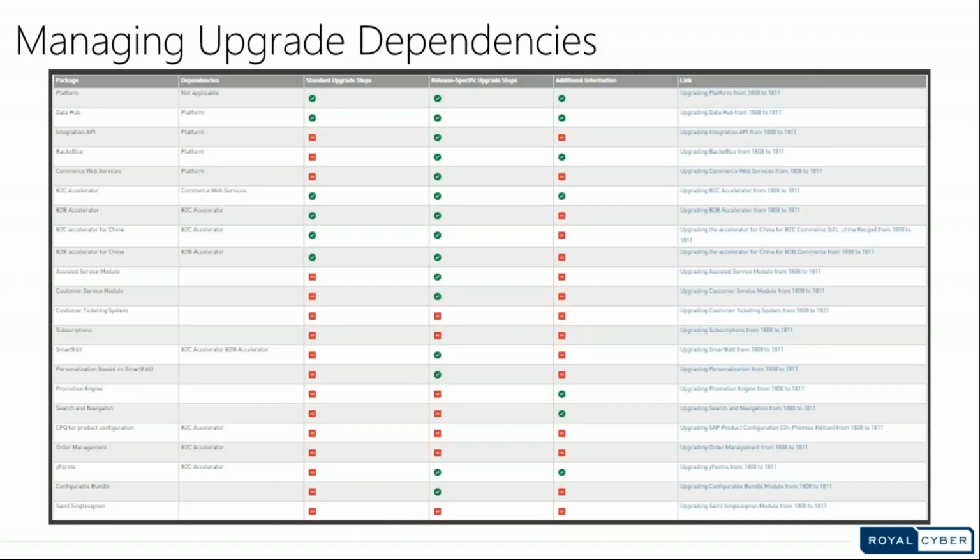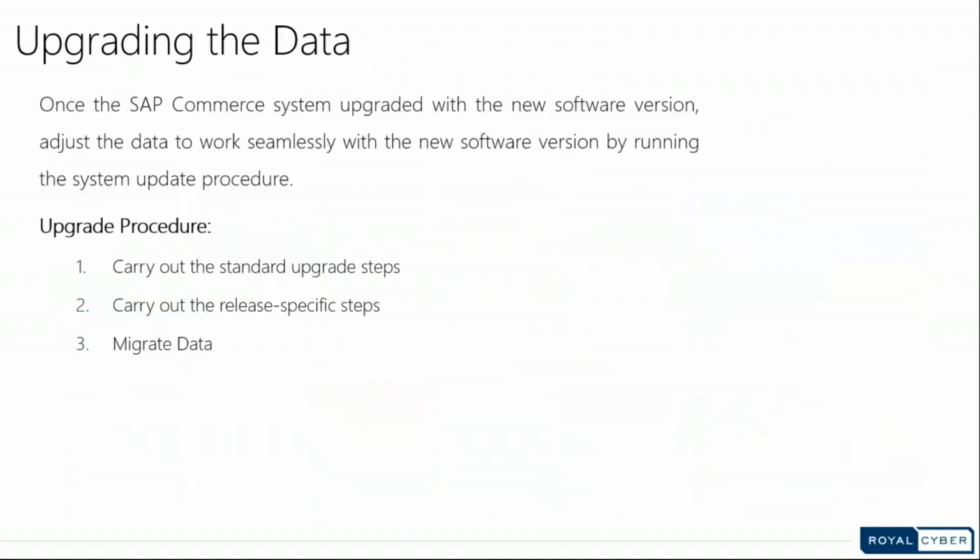If there are release specific upgrades, we can find them in the wiki and follow them, which might be different from the standard upgrade process. It will also have all the additional information if required, any specific instructions for that extension or add-on to be upgraded, which we can use while upgrading the extensions.